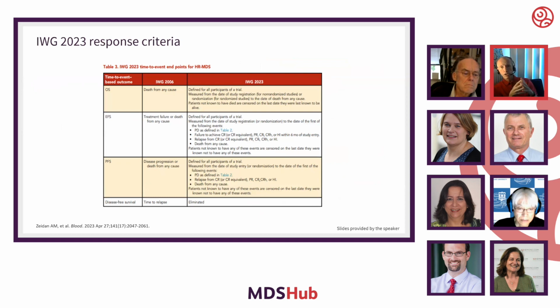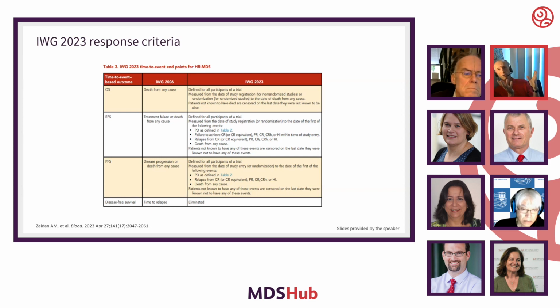So next slide. And so I'm coming to those criteria. The idea to change those criteria came with Amer Zeidan, who compared one of the GFM trials where we had used either the old IWG 2006 criteria for MDS or the AML criteria, and the CR rate was twice as much using the AML criteria.